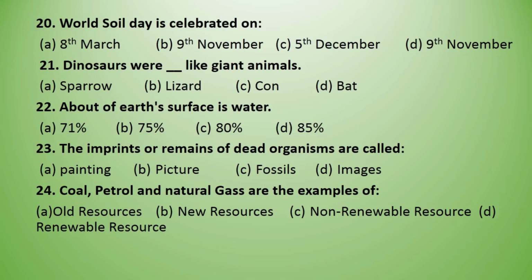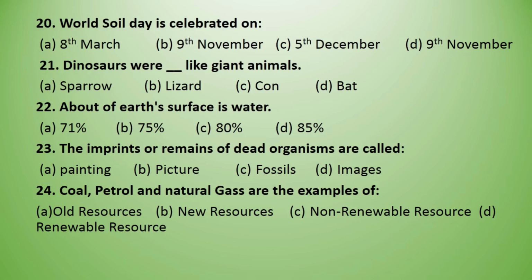22. About dash of Earth's surface is water. A. 71%, B. 75%, C. 80%, D. 85%. Answer is A. 71%. 23. The imprints or remains of dead organisms are called A. Painting, B. Picture, C. Fossils, D. Images.